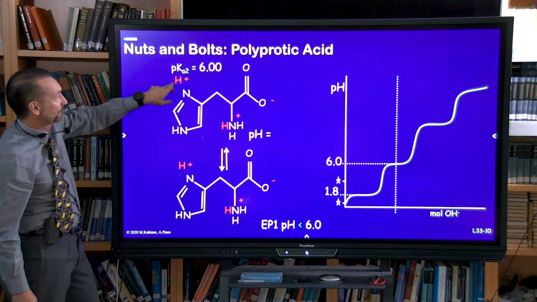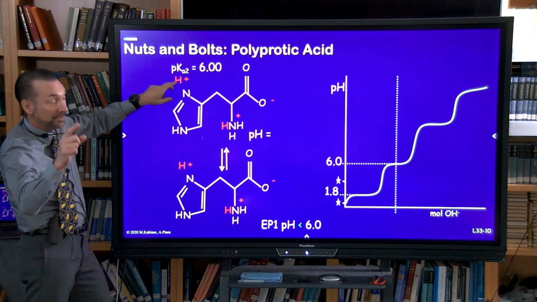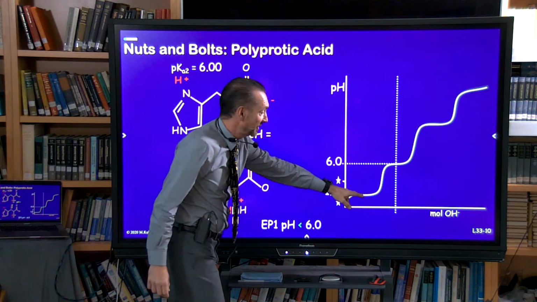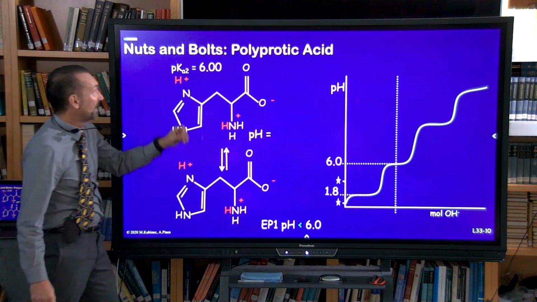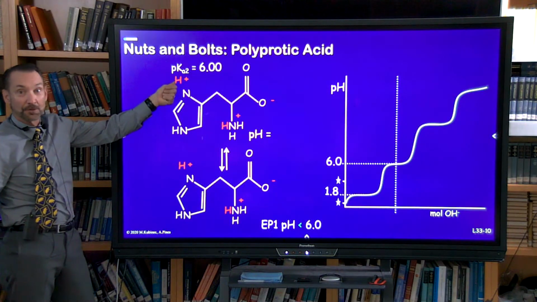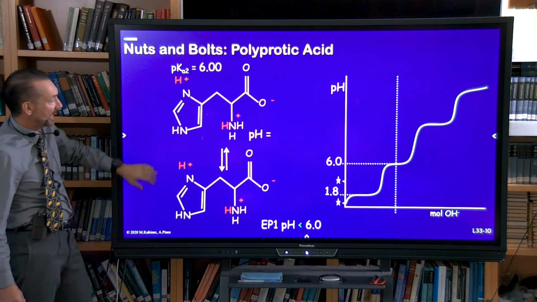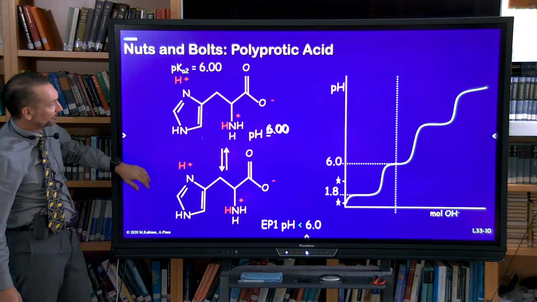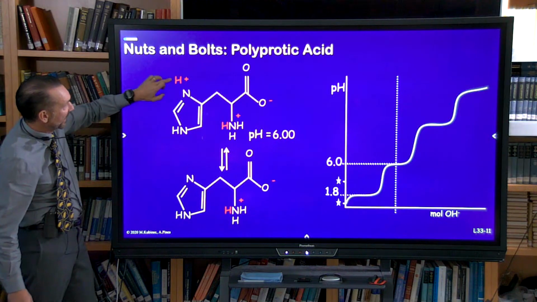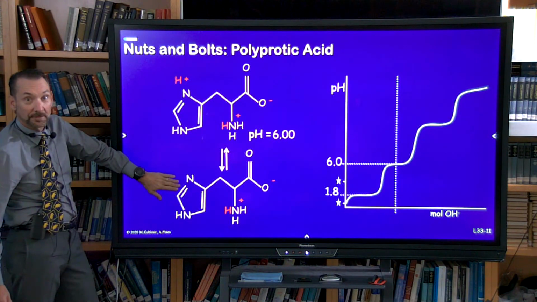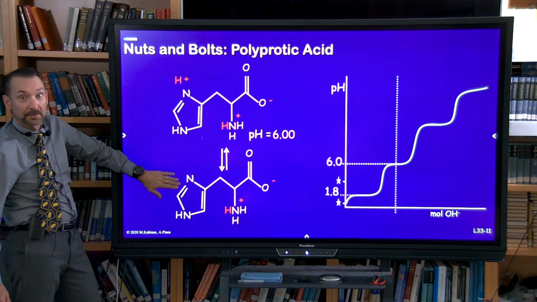So this proton here is still attached at pH 1 and 2 and 3 and 4 and 5. But by the time you get to 6, half the molecules have those and half do not. So that equilibrium is this, half of them on, half of them off at pH 6.